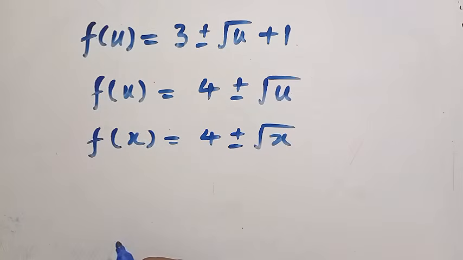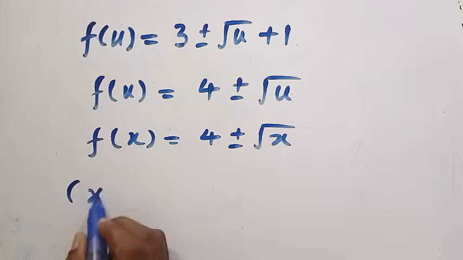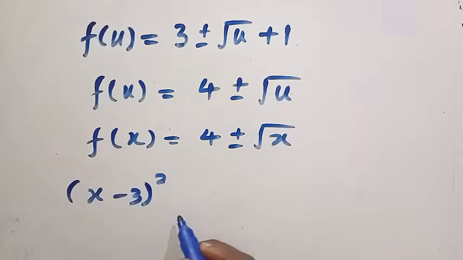What I said earlier is, if we consider the domain that we get, which is x minus 3 squared, this one is not one-to-one. That is, two values will map to the same argument, and hereby we are going to have two different solutions.